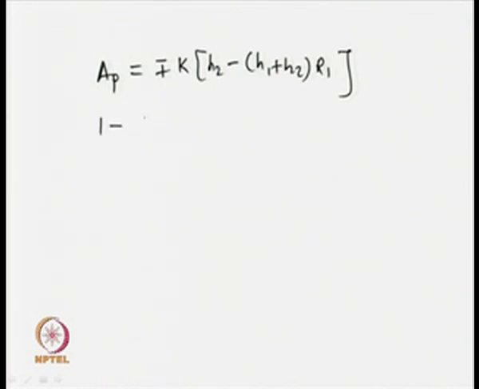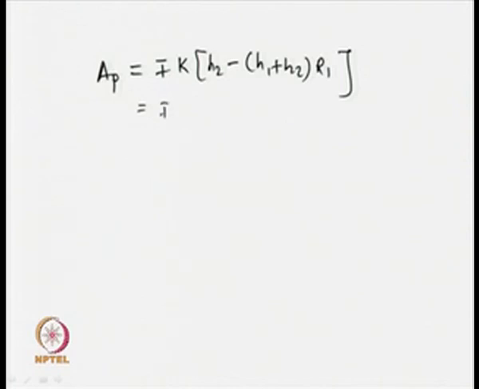So, it will not be difficult to write an expression like A p is equal to minus plus k times H 2 minus H 1 plus H 2 times R 1. So, allow me to write it more directly, as you may get confused. Let me take H 2 as common here.